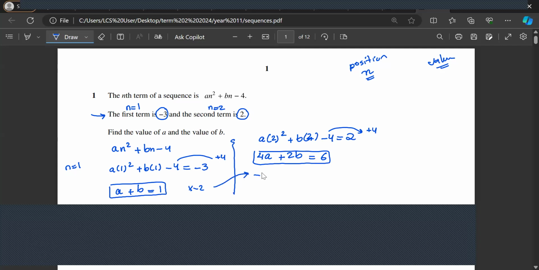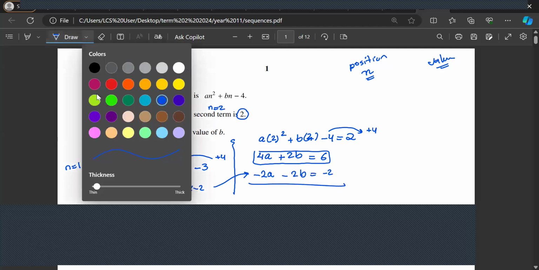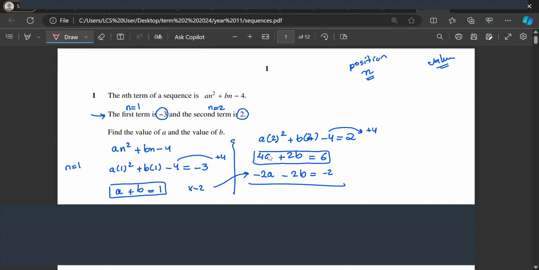It will be -2a minus 2b equals -2. Then add them together. 4a minus 2a is 2a. 2b minus 2b cancels. 6 minus 2 is 4. From here, a equals 2. Done for that. Can I go and get b? Yes. Because what?